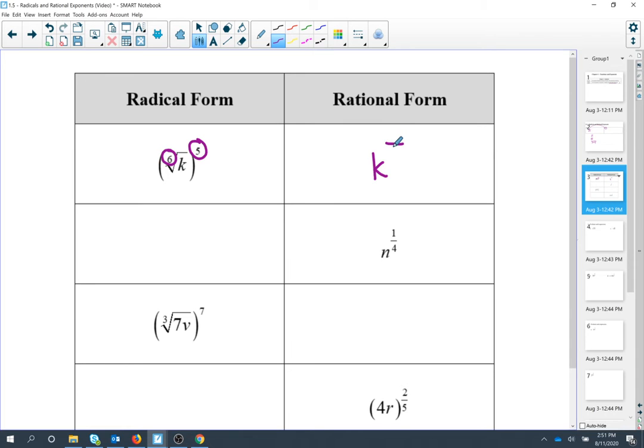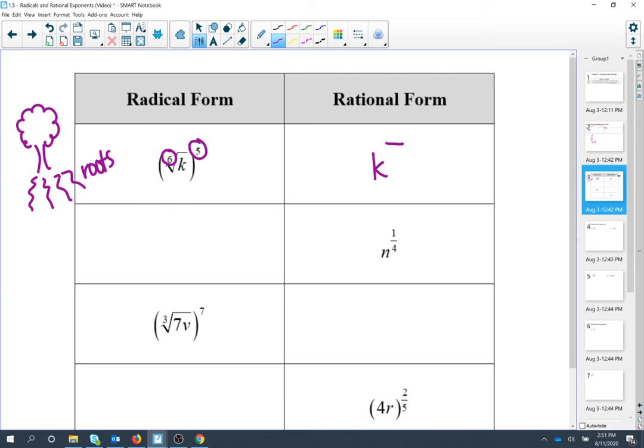Well, I want you to think of your fraction as a tree. And if you have a tree, you have a top of a tree and a bottom of the tree. And out of the bottom of the tree grows the roots. Okay, so if you're looking at your radical, is this a 6th root or is this a 5th root? And the answer is this is a 6th root. It's a 6th root of k to the 5th.